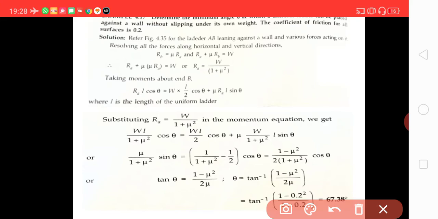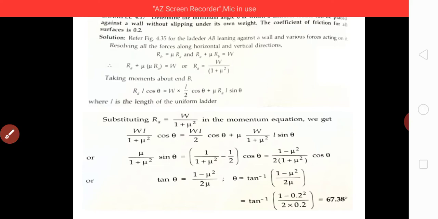So mu upon 1 plus mu square sin theta equal to 1 upon 1 plus mu square minus half, bracket close, that is cos theta. By calculation you will come to the conclusion that theta equal to tan inverse of 1 minus 0.2 square upon 2 into 0.2, that is 67.38 degree.